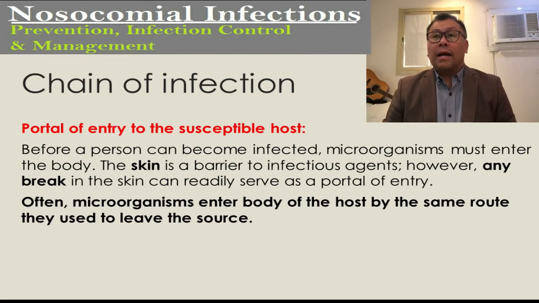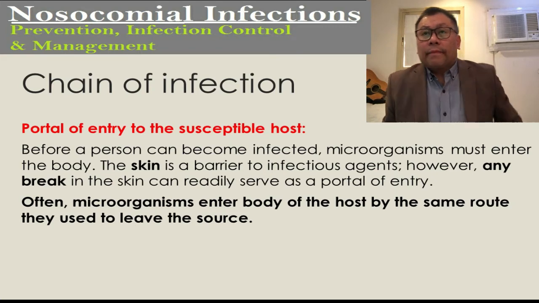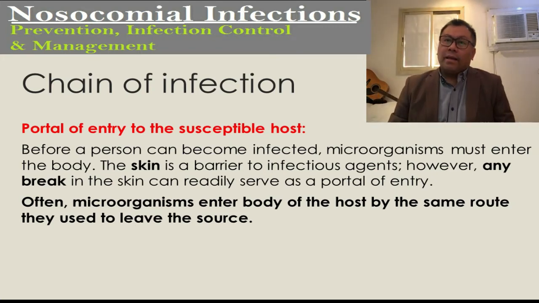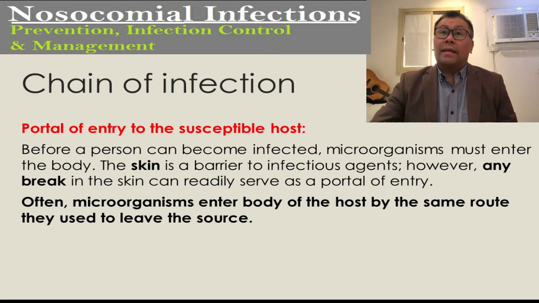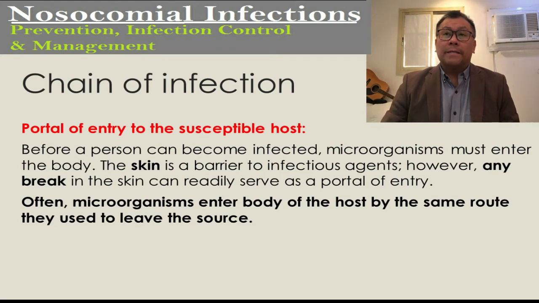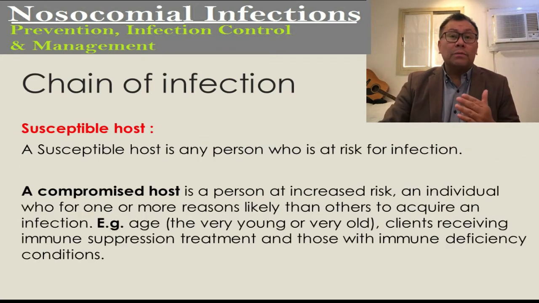Before a person can become infected, the microorganism must enter the body. The skin is a barrier to infectious agents. However, any break in the skin can readily serve as a portal of entry. Here, microorganisms enter the body of the host by the same route they use to leave the source.